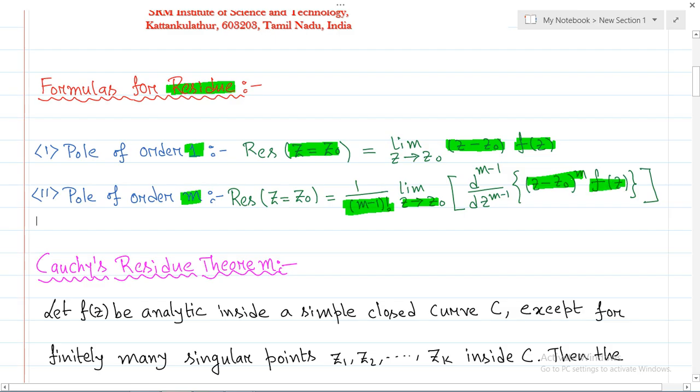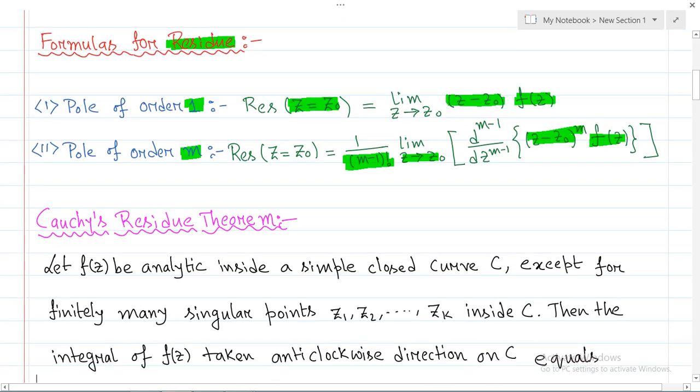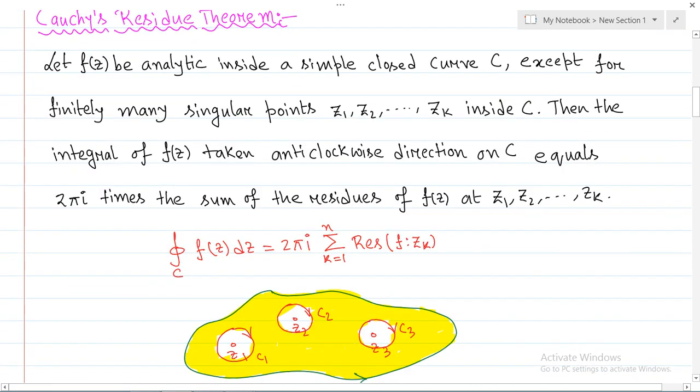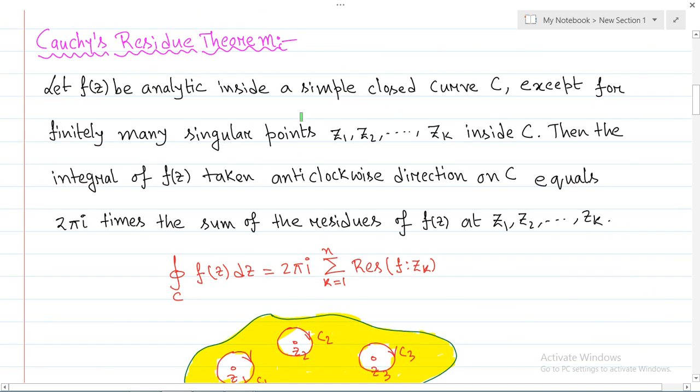Now we come to the most important theorem on which this whole topic lies, that is the Cauchy's residue theorem. This theorem has many applications, and it makes all the integration type of problems very simple.